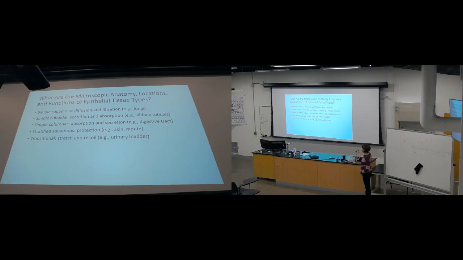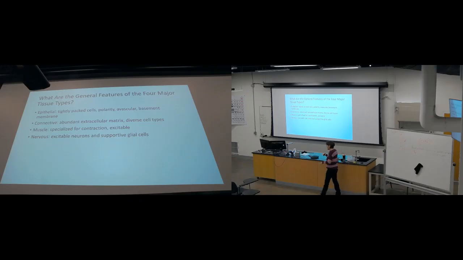And then we already explained about transitional. It just changes from cuboidal to squamous. So the cells become flat as the volume increases, at least in the urinary bladder. So the major characteristics of epithelial tissue are that the cells are tightly packed. Again, they have polarity, and I'm not talking about electrical charge.